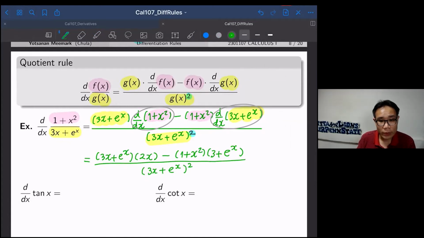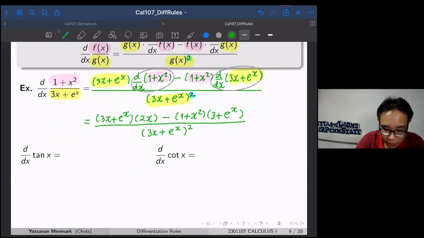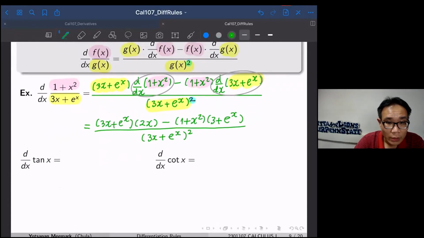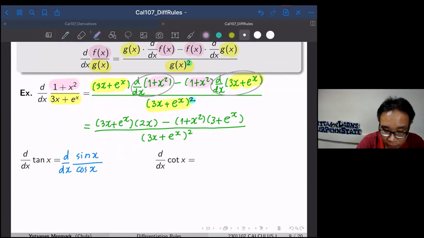Okay, so this one will be the quotient rule. The next one will be diff tan. Okay, diff tan, you have to know also what tan x is. Tan x is equal to sine x over cosine x. Okay, and this one becomes sine x over cosine x.